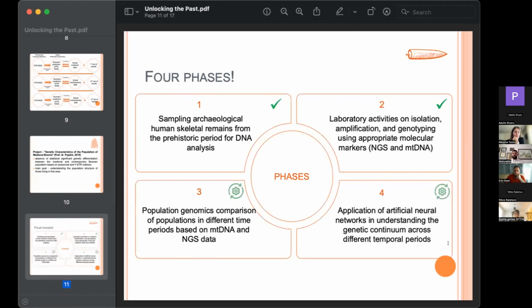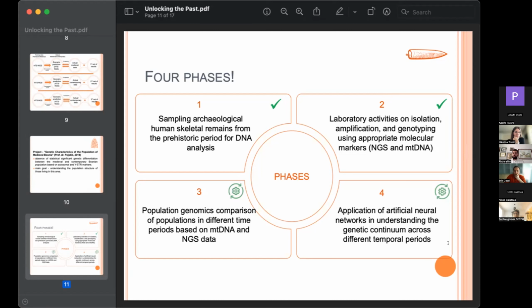We have divided our project into 4 phases. The first and second phases are already performed. Those include sampling of archaeological human skeletal remains, and laboratory activities on isolation, amplification, and genotyping using different sets of molecular markers.